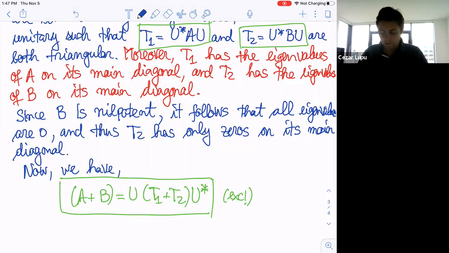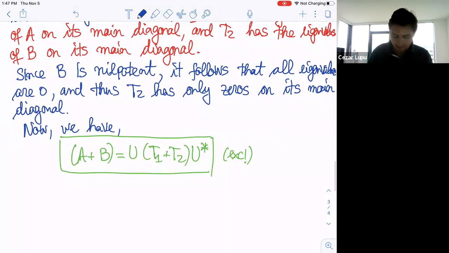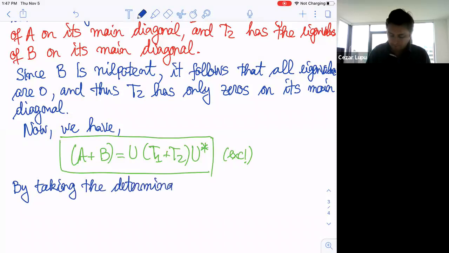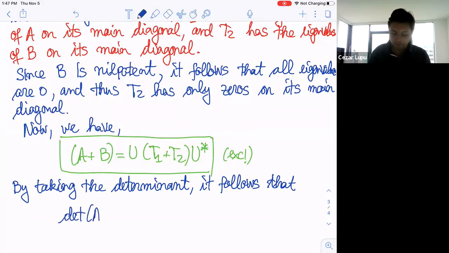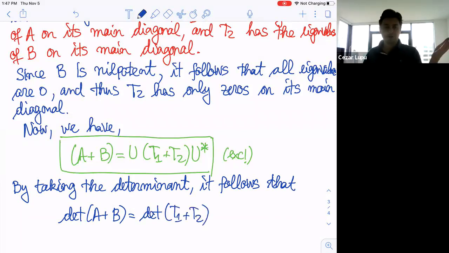So by taking the determinant, it follows that the determinant of A plus B will be equal to the determinant of T1 plus T2, because the determinant is multiplicative.